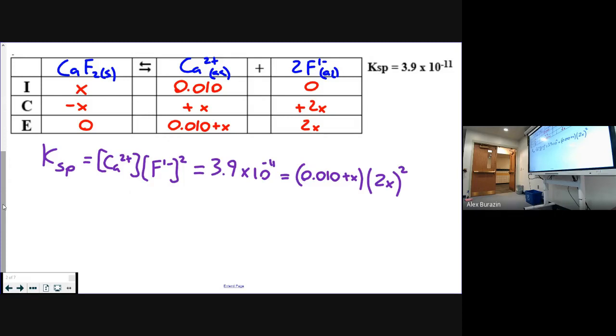Now, if we try to do this like, you know, how algebra taught us, what we would have to do is square this term, so we'd have 4x squared. But then I would have to distribute that term to both of those. So I would have 0.04x squared plus 4x to the third power.